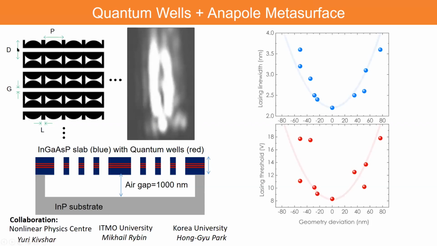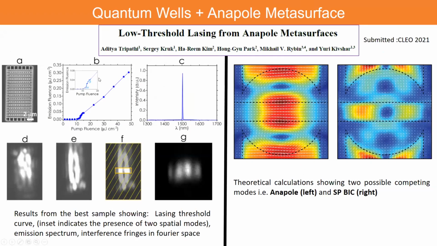The parameters of this structure, the disk diameter, the gap, and the pitch, were tuned, and we studied the best sample out of all the lasing samples. These are the results from the best lasing sample.